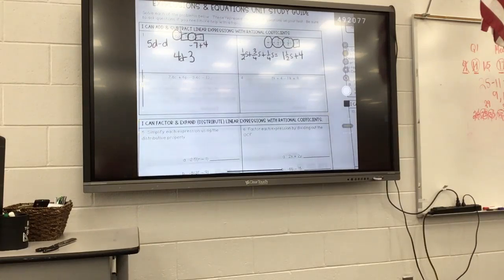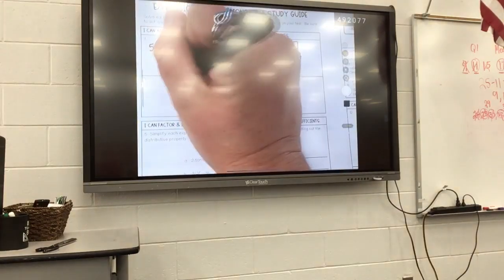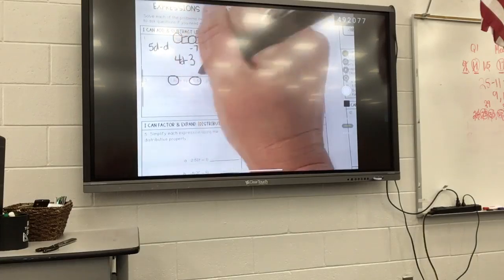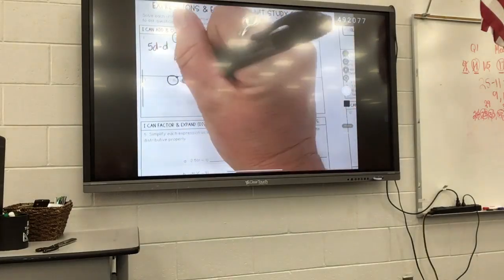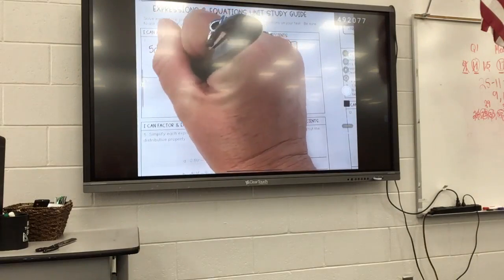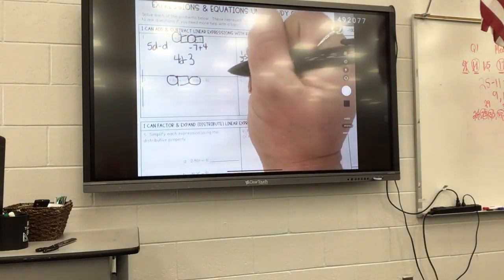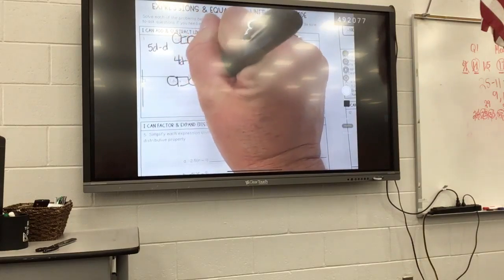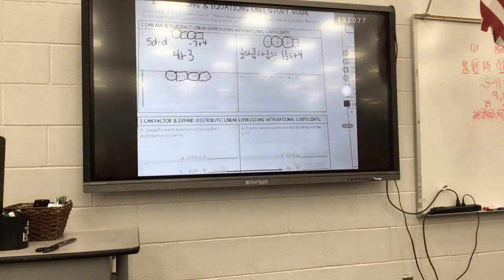Okay, number 3, what are we doing here? Michaela? All right, which terms? 7.8c and minus 3.4c. And then 6p minus 10. Be careful with that one because 6p and 10 cannot be combined.